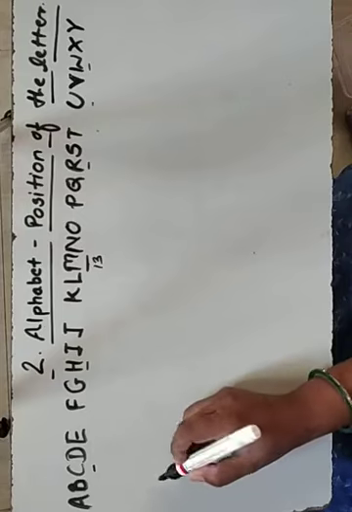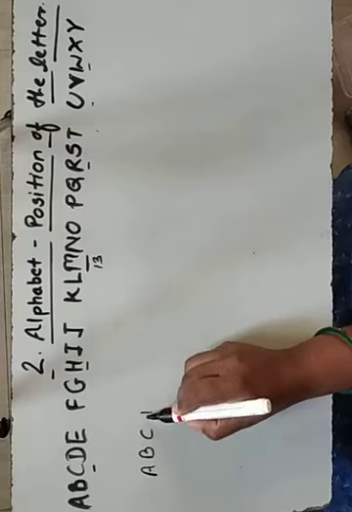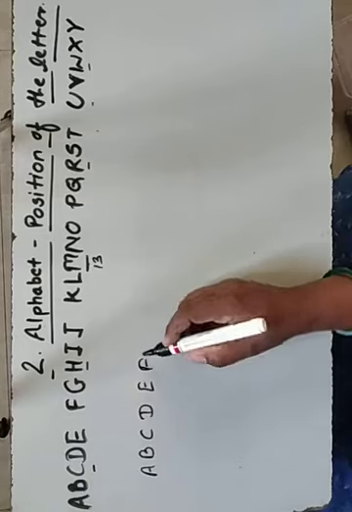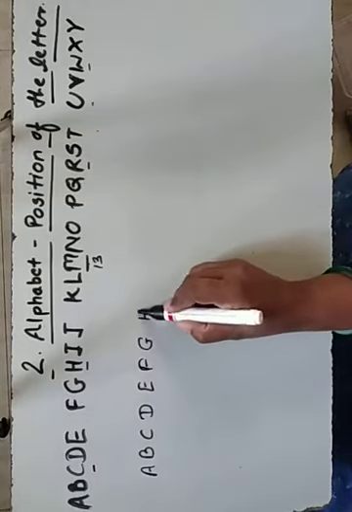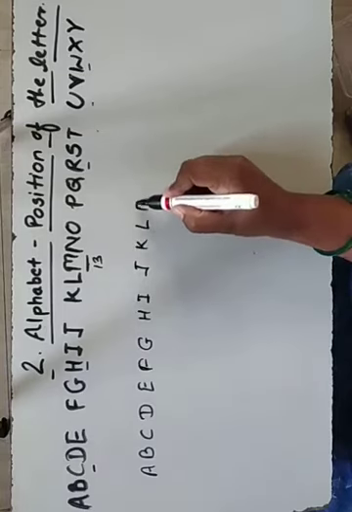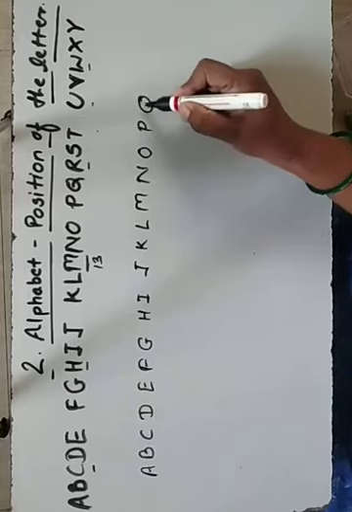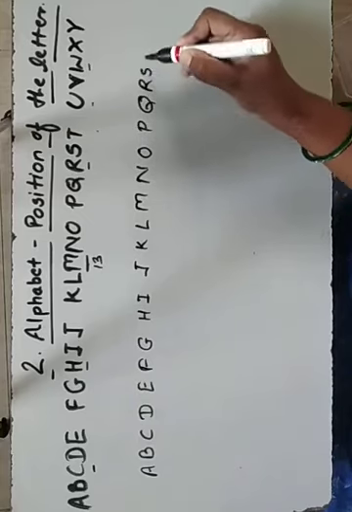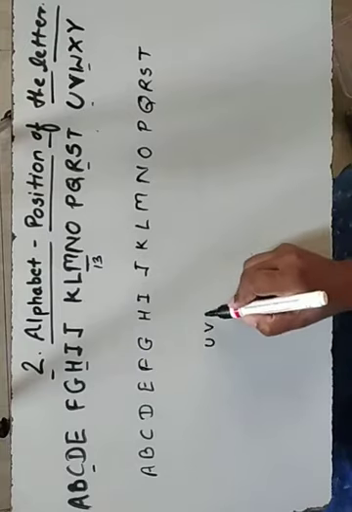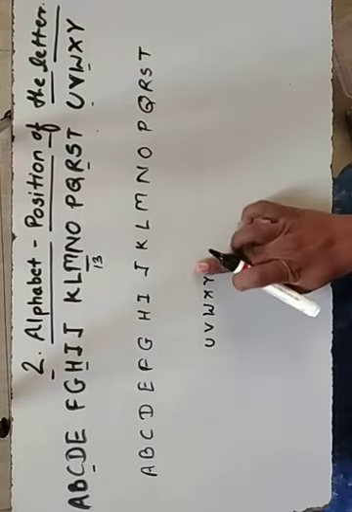So in this ABCD, A, B, C, D, E, F, G, H, I, J, K, L, M, N, O, P, Q, R, S, T. Okay, and last U, V, W, X, Y, Z. Z we are not taking.